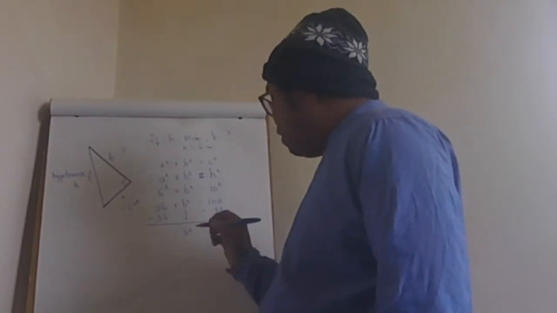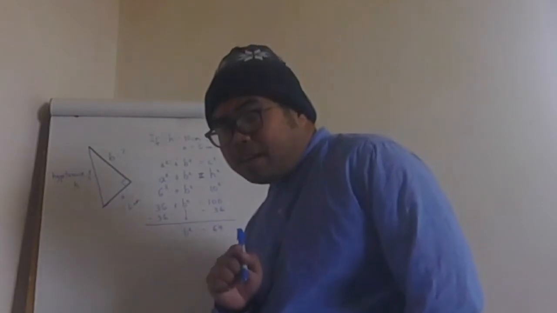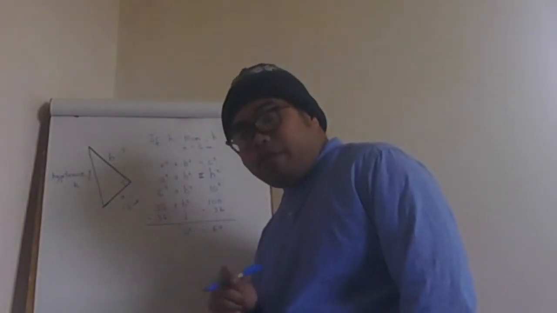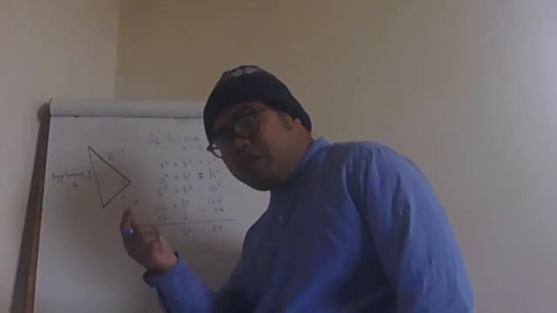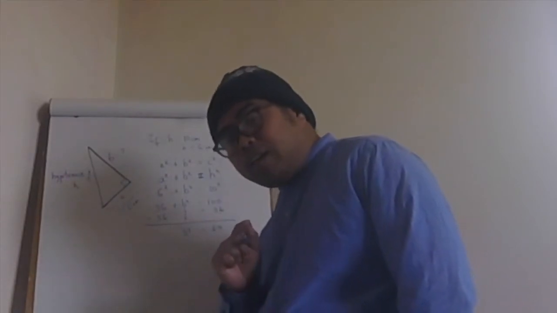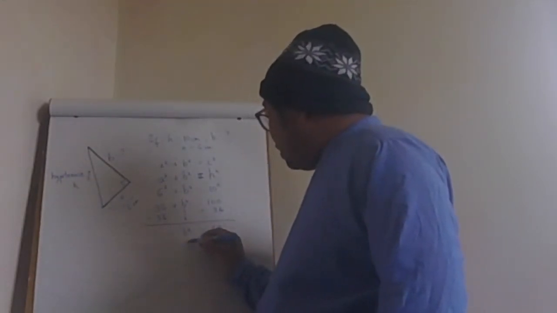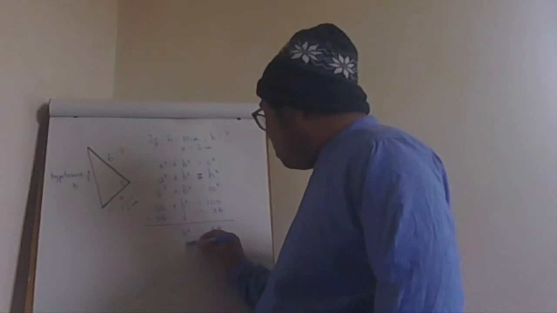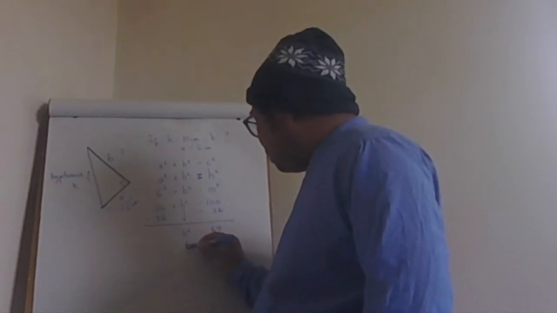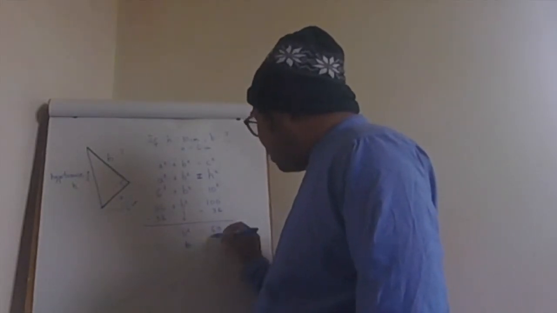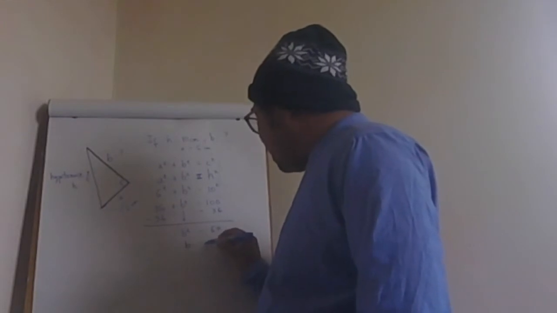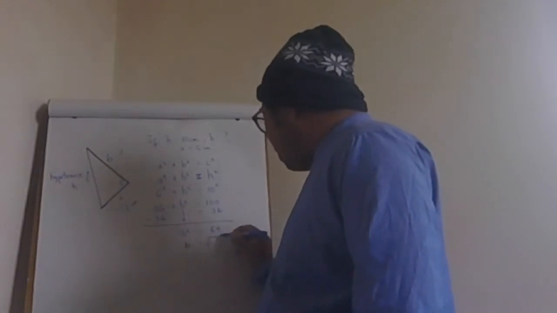64. And this is where some of you are missing a step. I know that some of you do it in your head, but I'd like you to write it. We say: what number do you multiply by itself to get 64? B is the square root of 64.